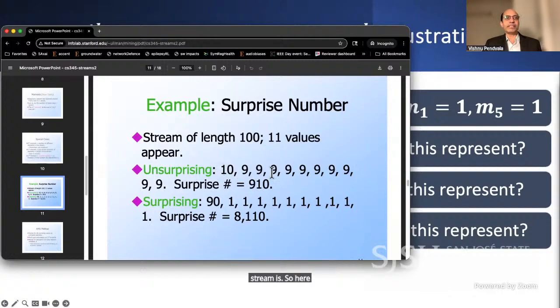So here the stream is a lot more uniform than this stream because that one is very jerky, right? The first frequency is 90 and the remaining numbers repeat just once. So the surprise number is 8110, whereas when the frequencies are more uniform, the surprise number is less.